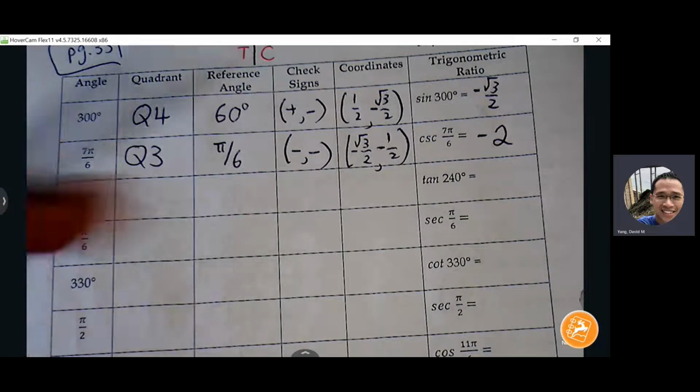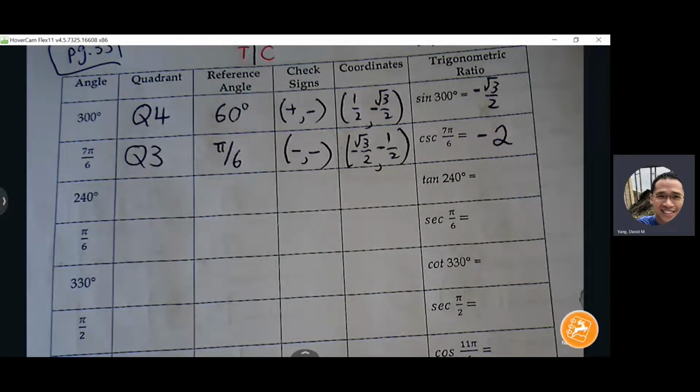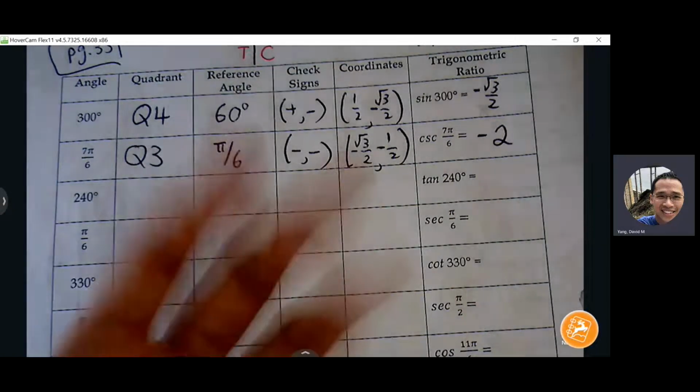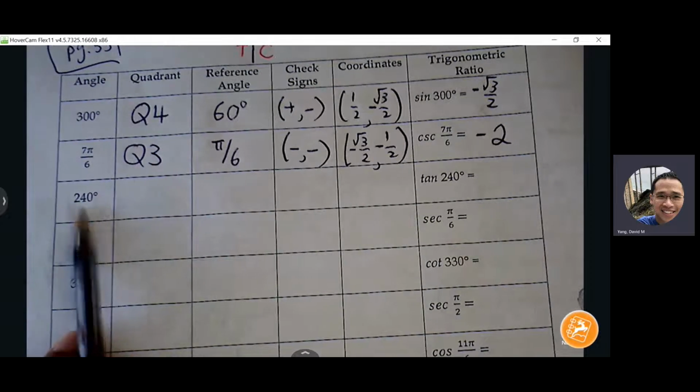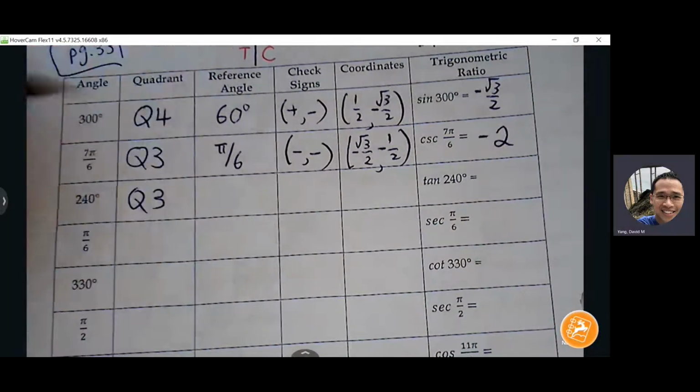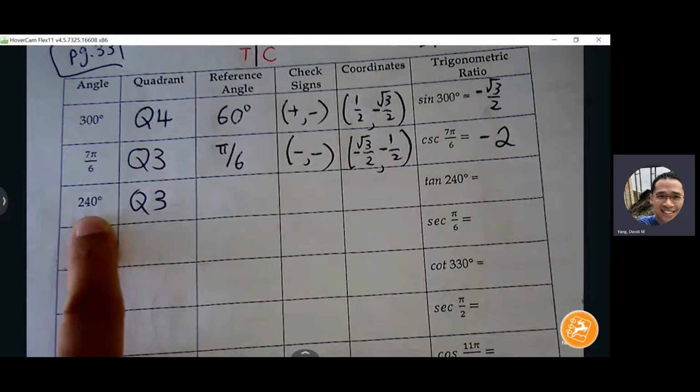I'm going to do a few more with you, and then I'm going to see if you guys can complete it on your own just by using your fingers and without looking at the unit circle, just to see what it feels like. Okay, 240. Which quadrant? Quadrant 3. Nearest x-axis is 180, right?